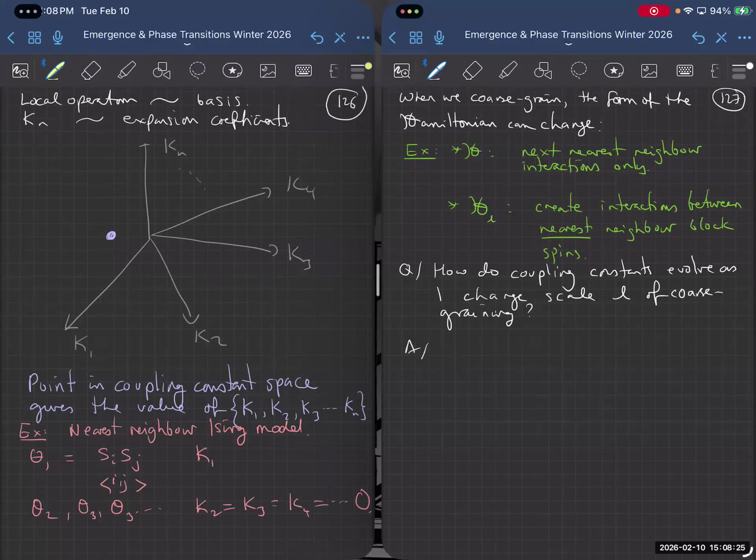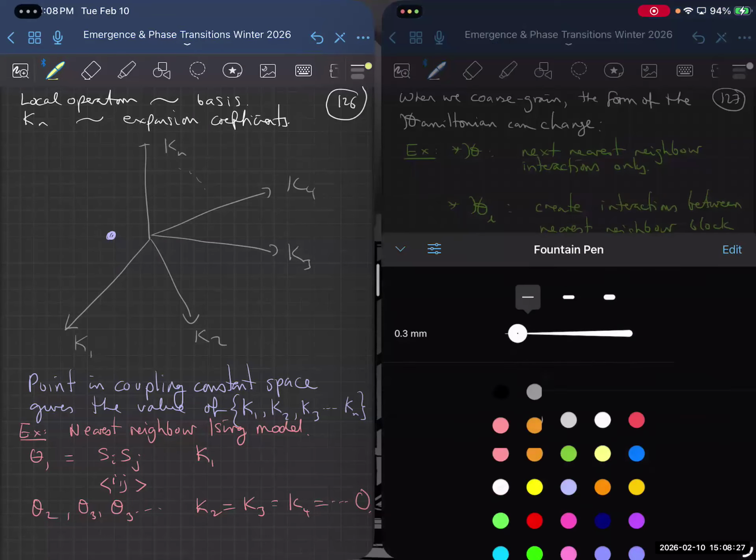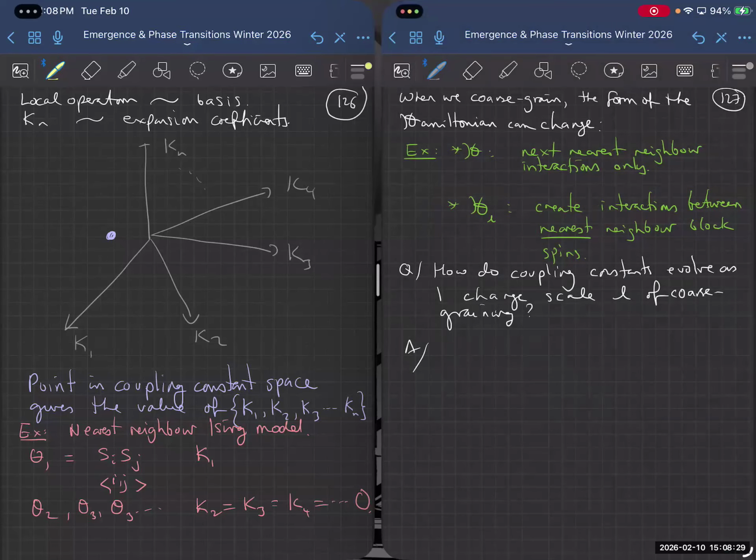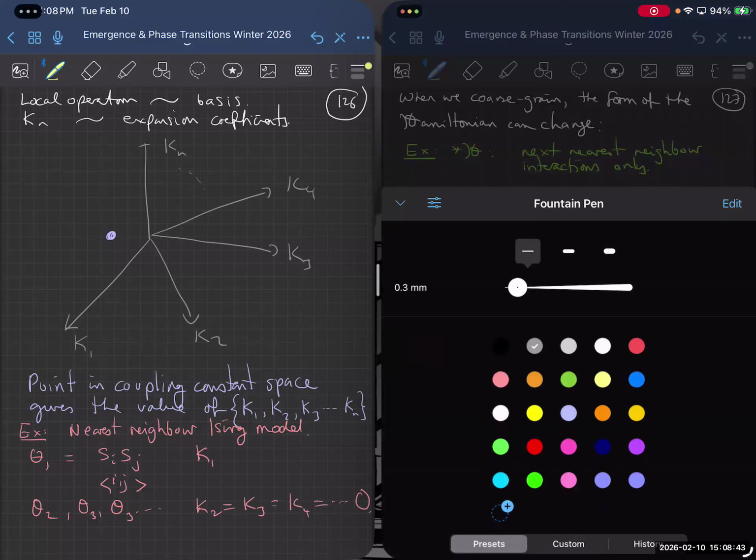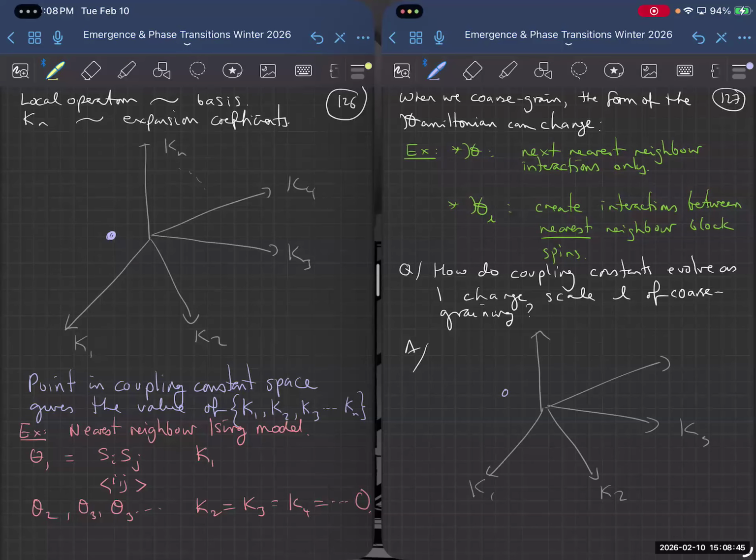And the answer is, well, let's just take up our picture of our coupling constant space, just like the one I have on the previous page, something like this. So these are the axes, K1, K2, K3, blah, blah, blah. And I started off now with my system at this point in space.